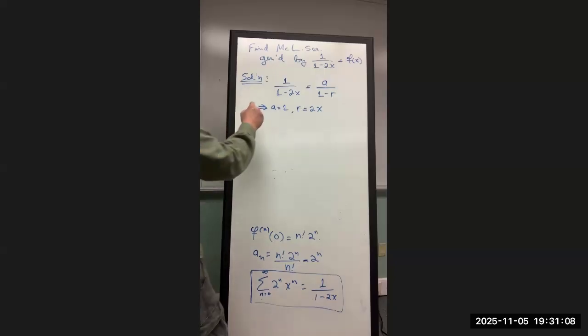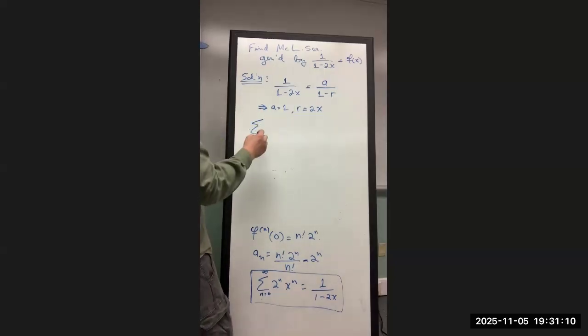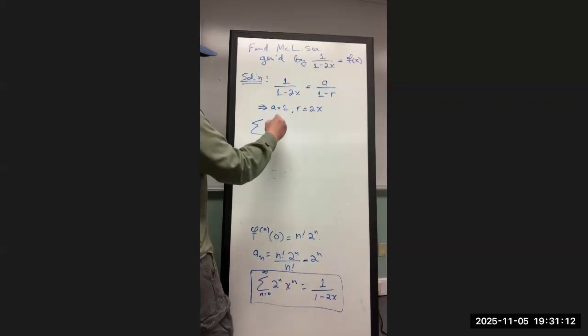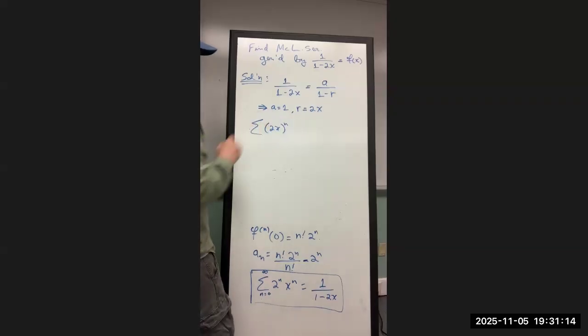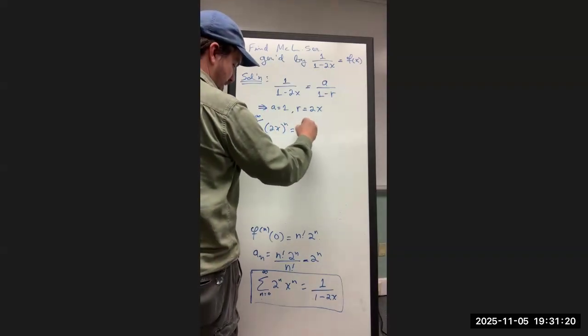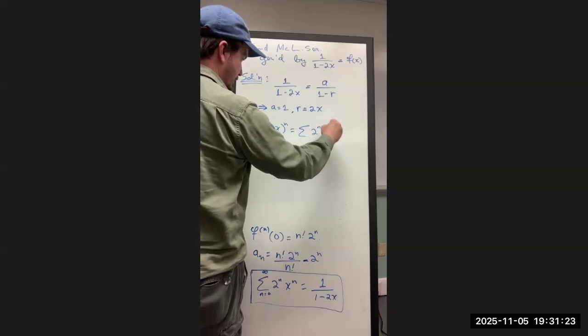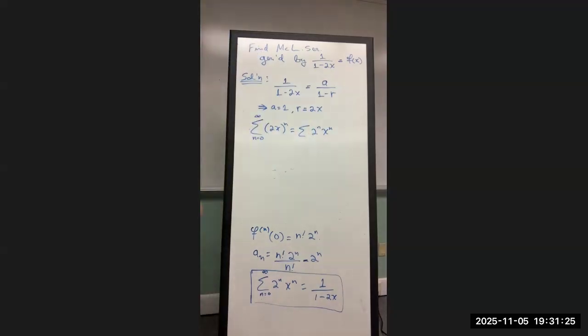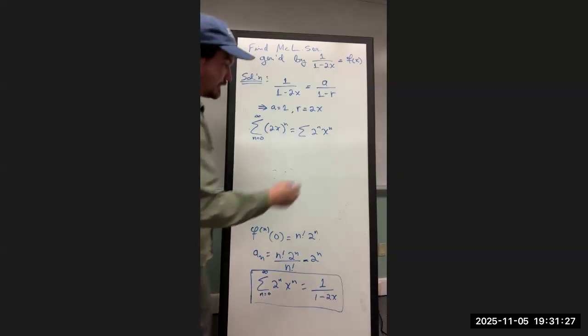So if I were to write down the geometric series that satisfies that, that would be the sum of 2x to the n, starting at 0, which is indeed the same as 2 to the n times x to the n, which is what we wrote down here.